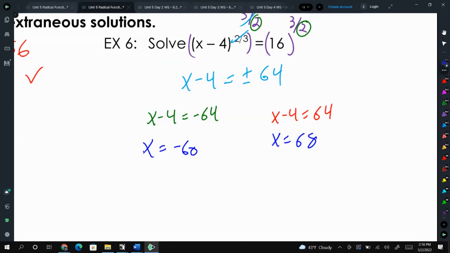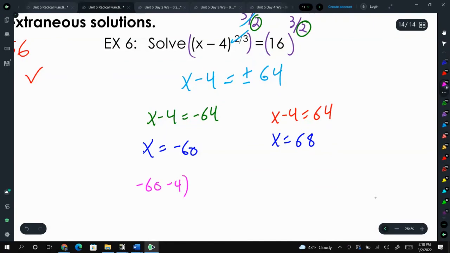So then we're going to check our solution in the original problem. Negative 60 minus 4 to the 2/3, does that equal 16? And 68 minus 4 to the 2/3, does that equal 16?